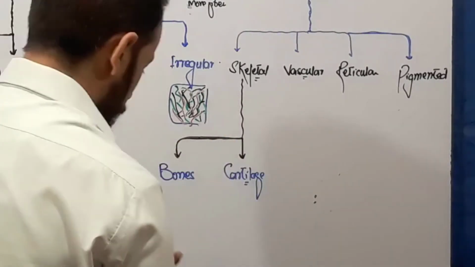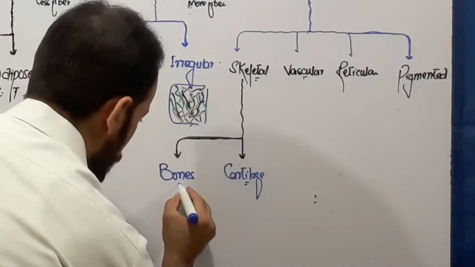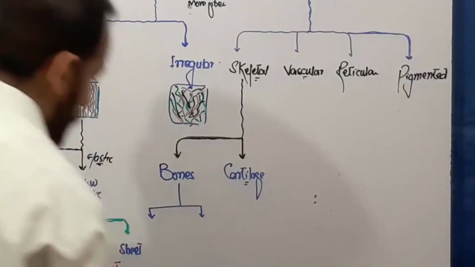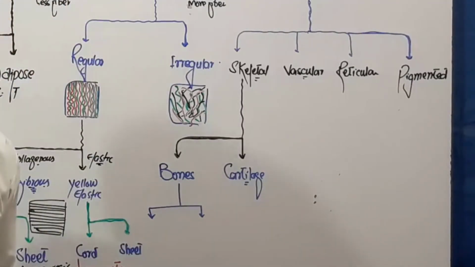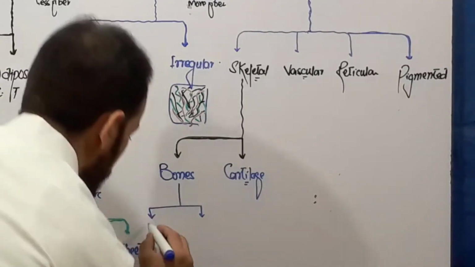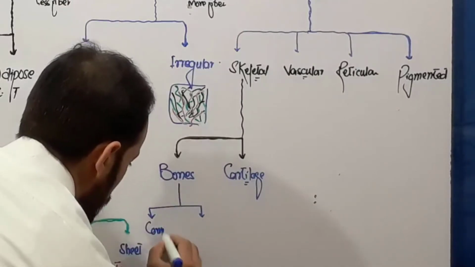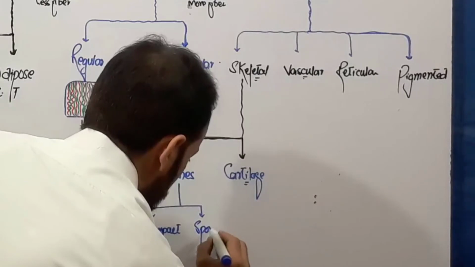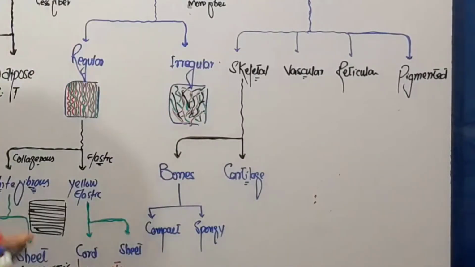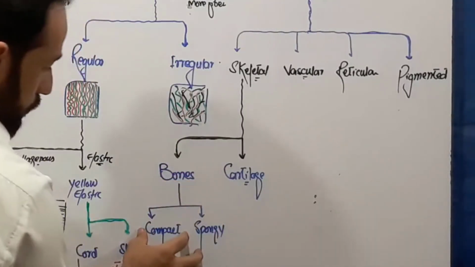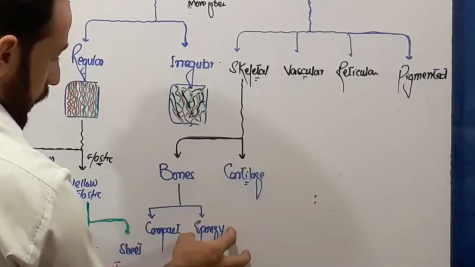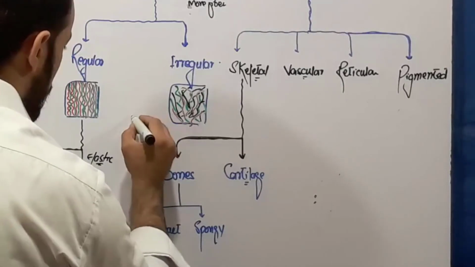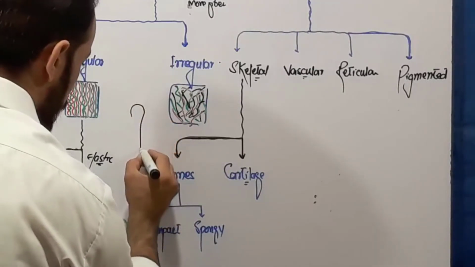And my dear friends, we know that the bones are of two types. How many types of bones we have in our body? We have hard bones and soft bones, or we also say that we have compact bone and we have spongy bone. So bone connective tissue is divided into compact bone connective tissue and spongy bone connective tissue. And if I draw here a very simplified diagram, this is for example a bone.